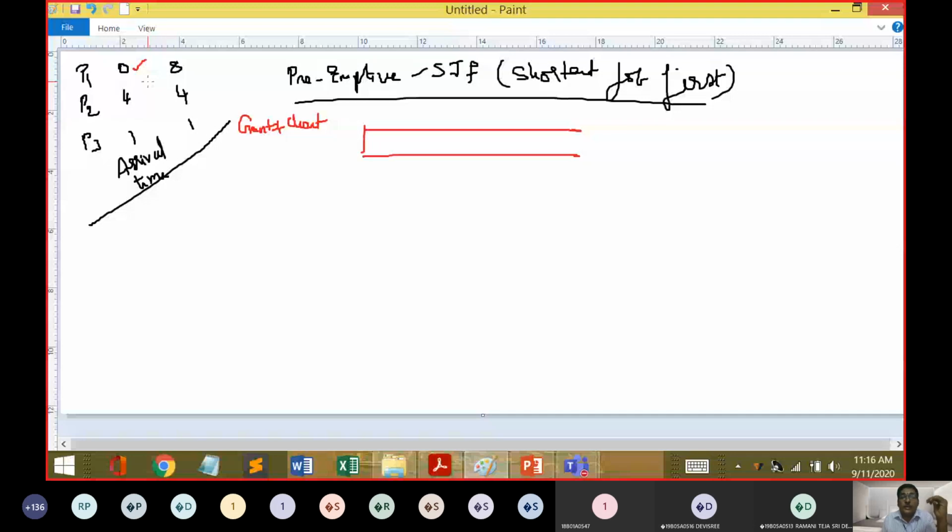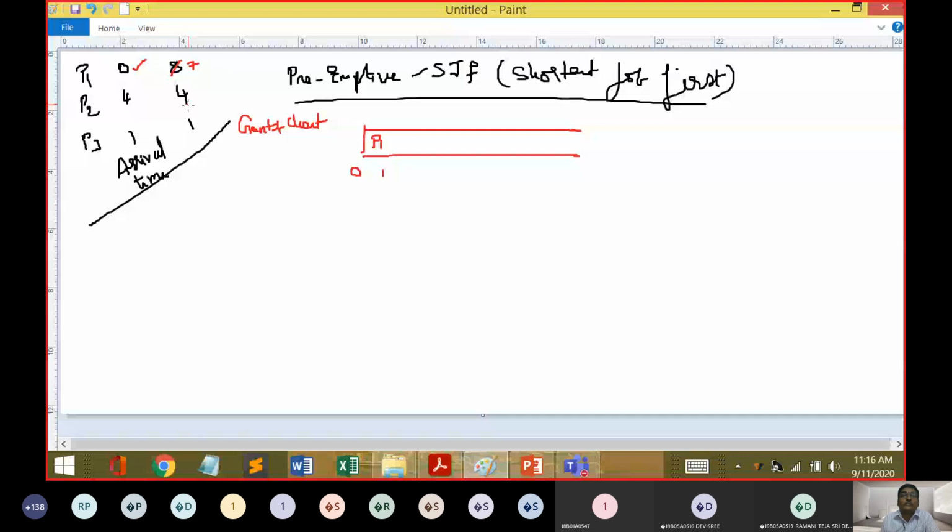There is no P2 arrival, there is no P3 arrival. So by default, at the 0th millisecond, P1 is in the Gantt chart, and it goes up to 1 millisecond. So it has the shortest remaining time as 7 here.